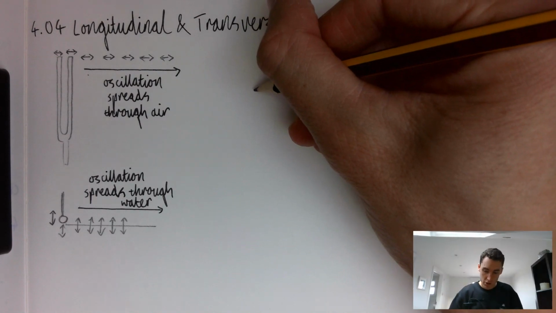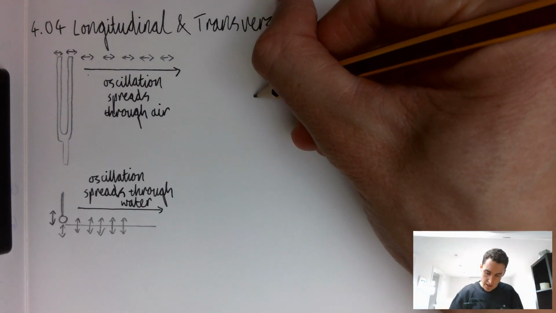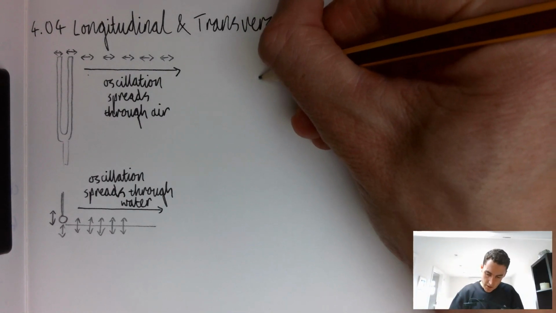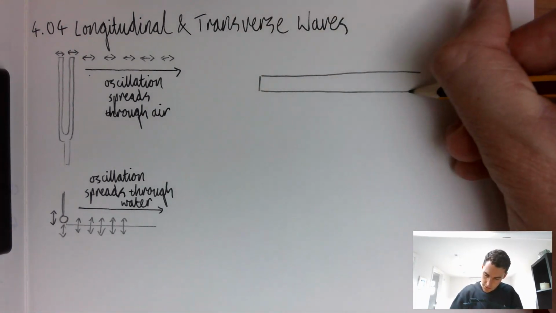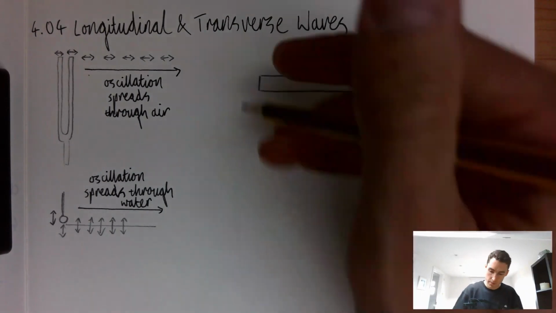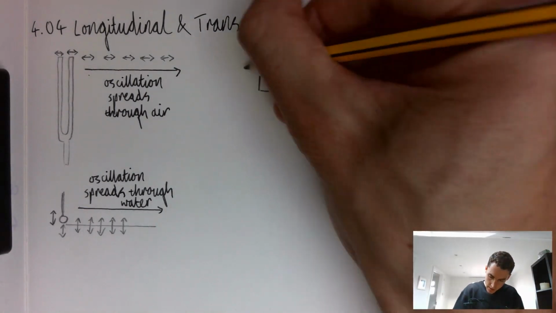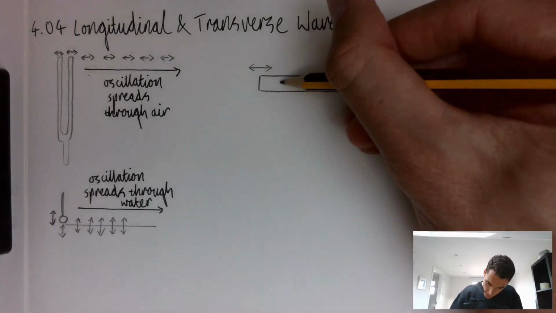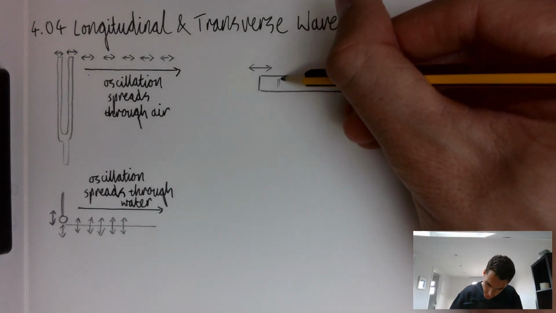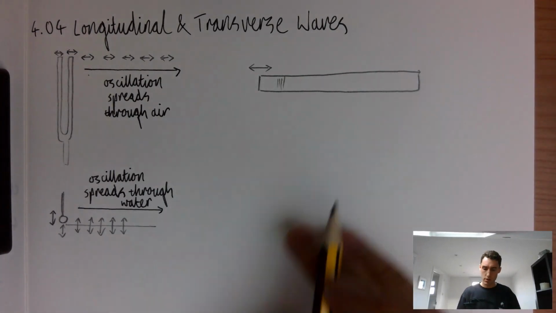You can demonstrate this, but we're just going to sketch it now. One thing you can do is make an oscillation go like this. Again, a pulse is easier. If you move your hand back and forth like this, what you get is a compression area.